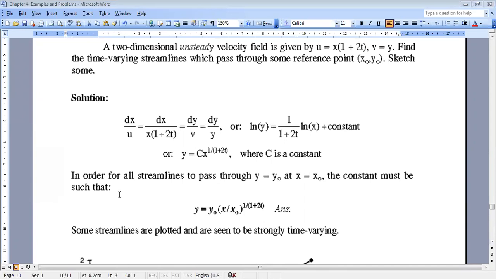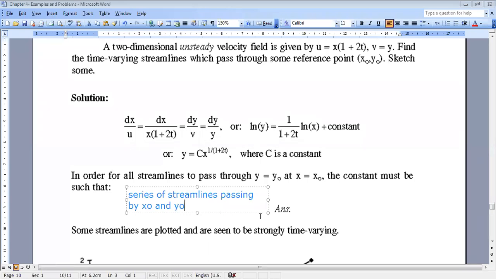All I have to do is to find the corresponding constant c.